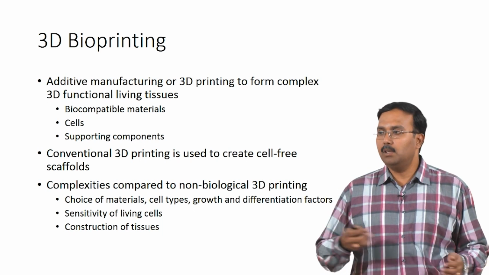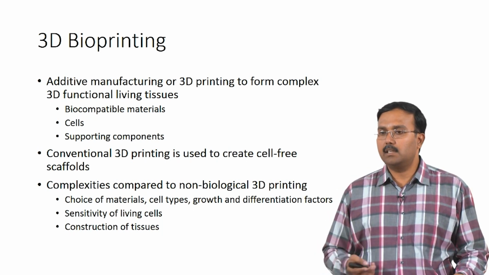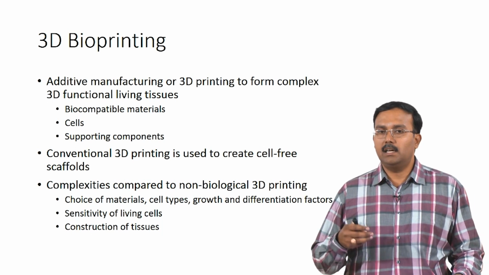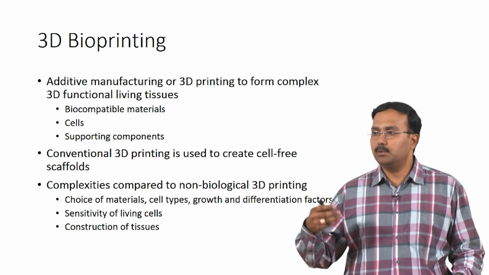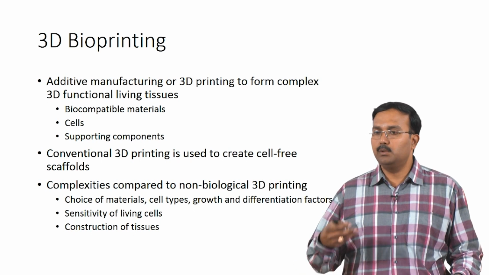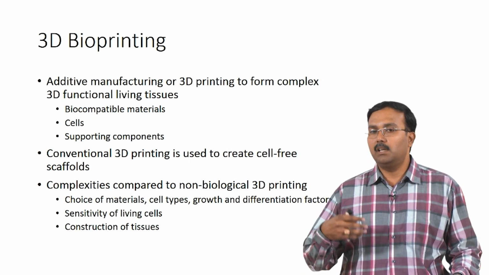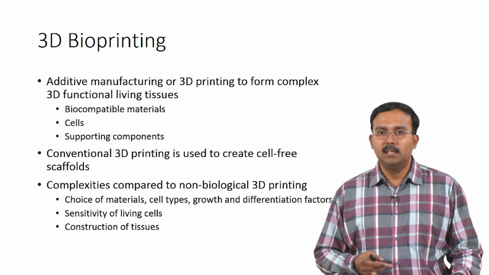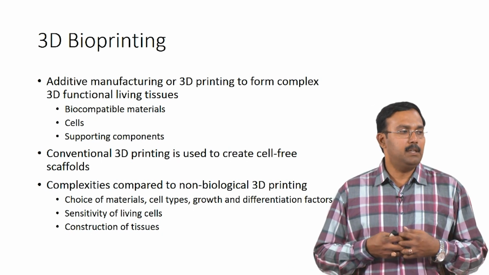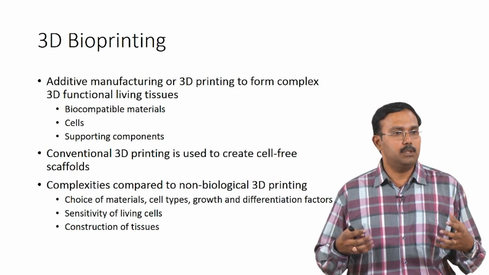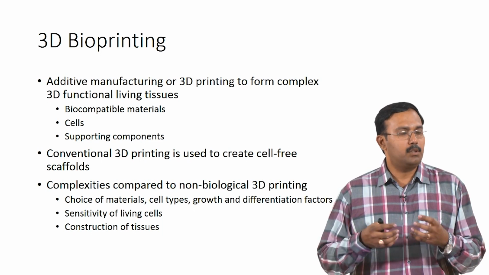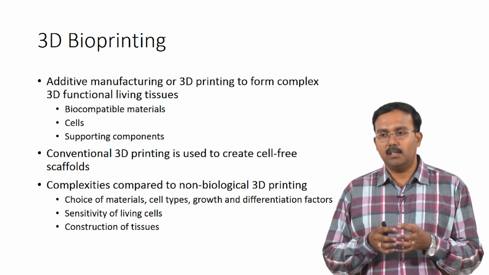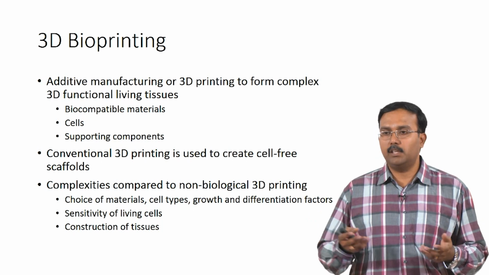The sensitivity of living cells should also be taken into consideration. Mammalian cells are sensitive to shear stresses, so you would want to use something which will not cause destruction of the cell. And you ultimately need to understand that the construction of the tissue is going to be much more intricate than a macro structure which you try to print.